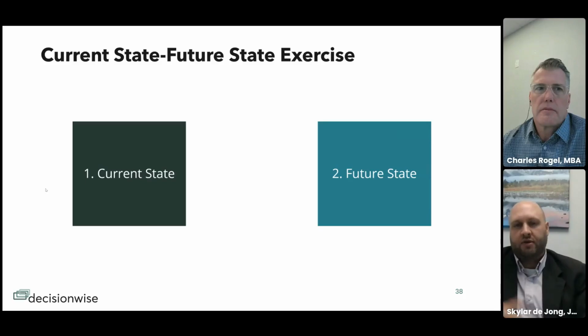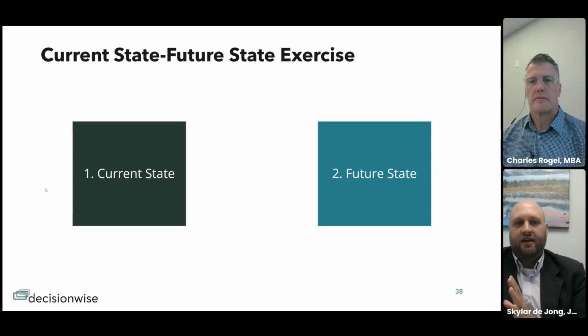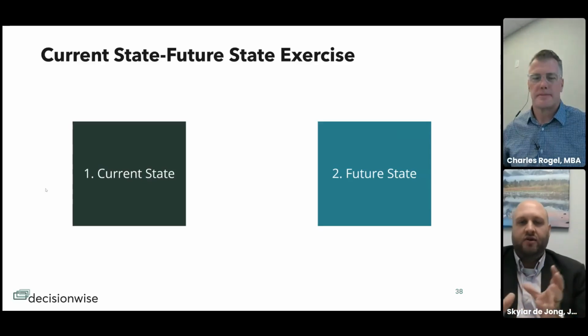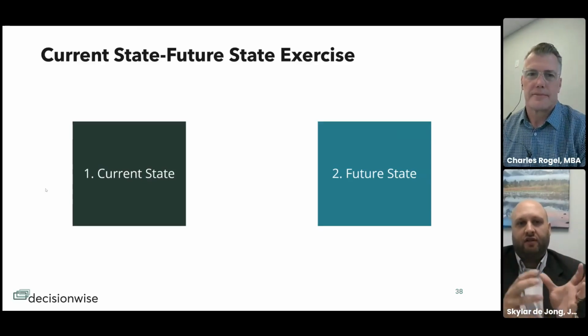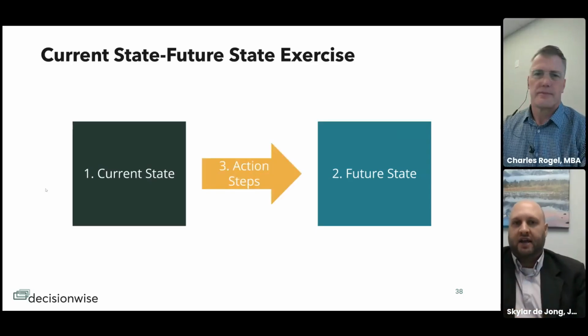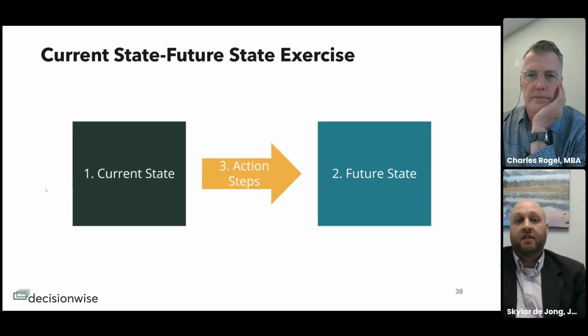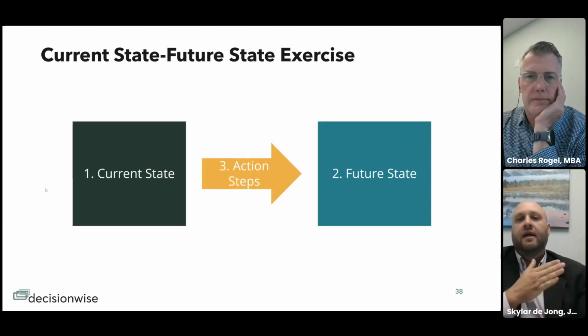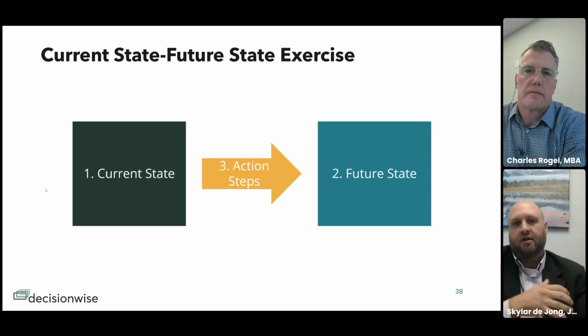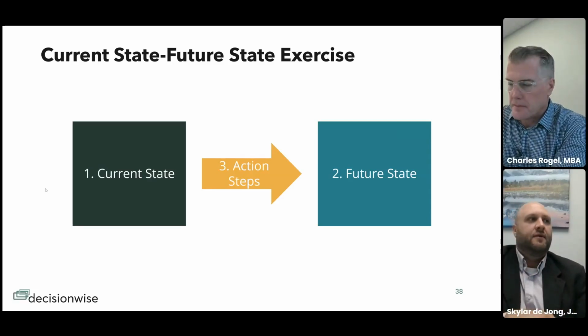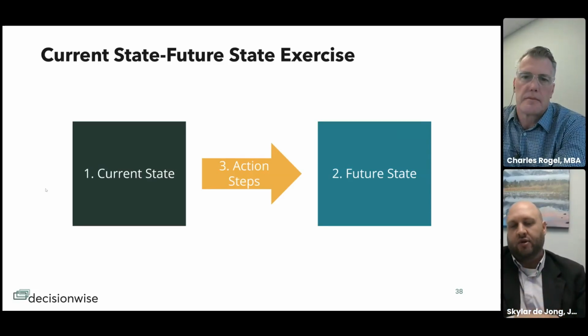How do we break down those silos and paint that picture of that future state? And we have them spend time in that, and we're regularly telling them, don't get to what you need to do to get there. Let's save that for last, but let's identify that future state. And then the last thing we do is say, okay, now let's build a bridge from that current state to that future state. And we'll do some exercises around some of this.